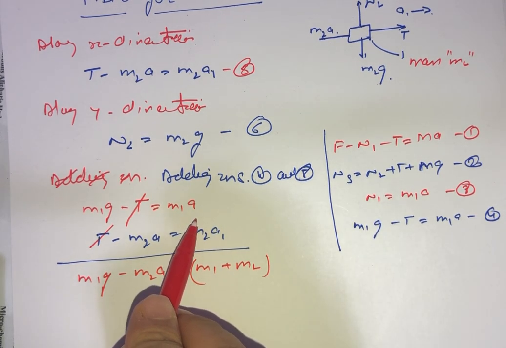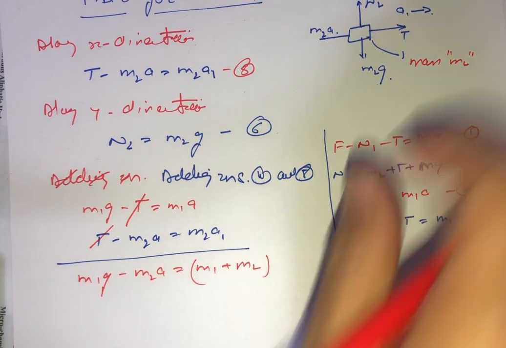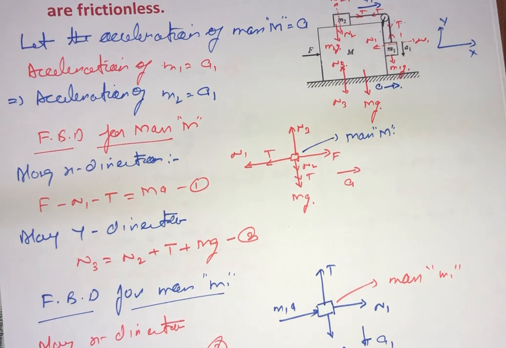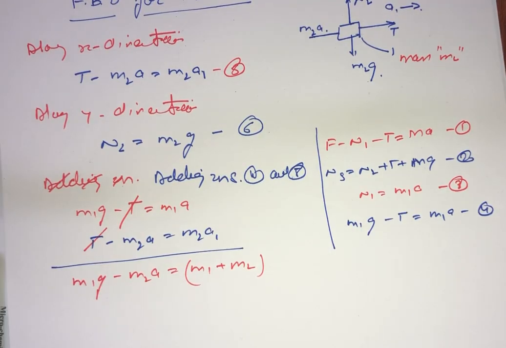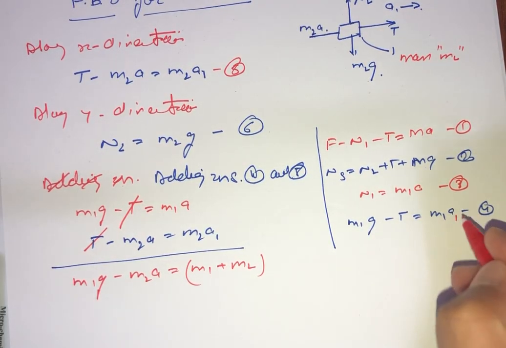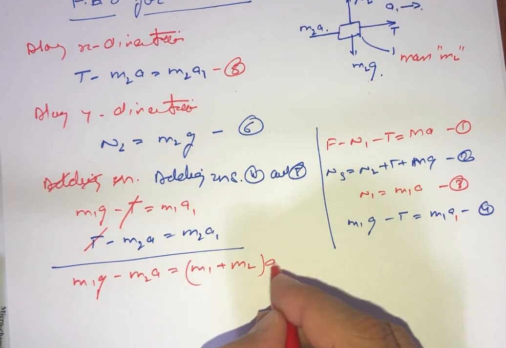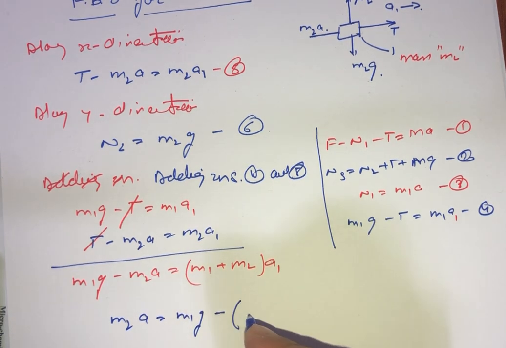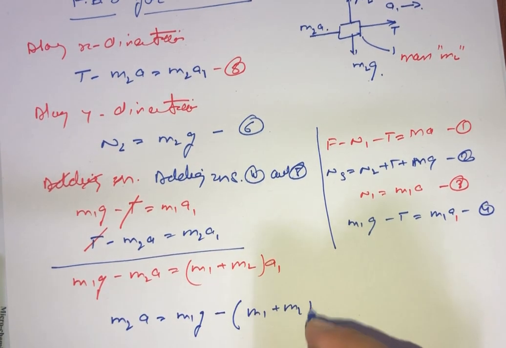I think I missed something. Yeah, it is a1. This is a1 and this is a1. Yeah, no, it's correct, a1. From here we can say that m2a is equal to m1g minus (m1 plus m2)a1.